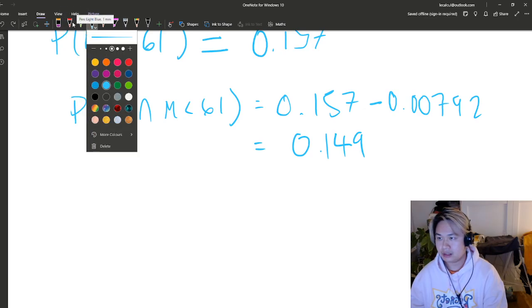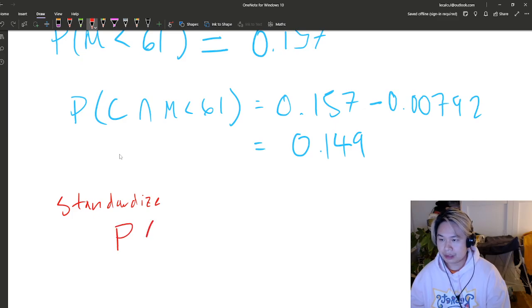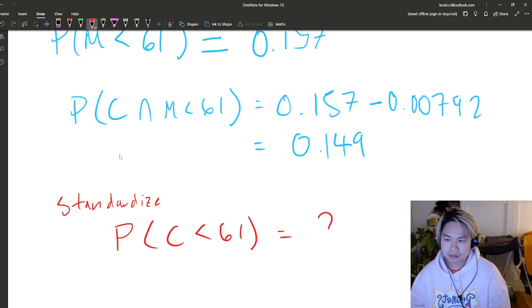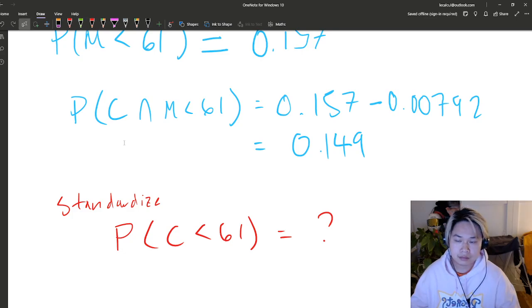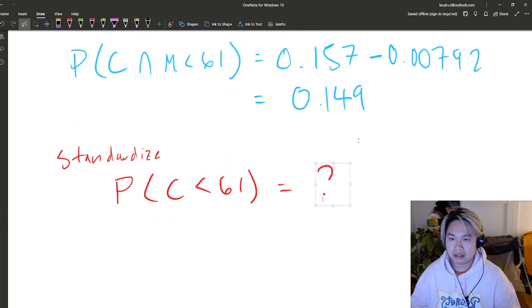Let me change colors. So our goal is to standardize the probability of a chocolate muffin being less than 61. And we will eventually find this probability. However, that is not this probability, the 0.417.